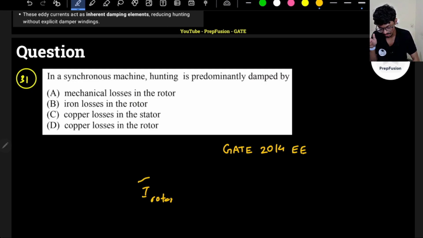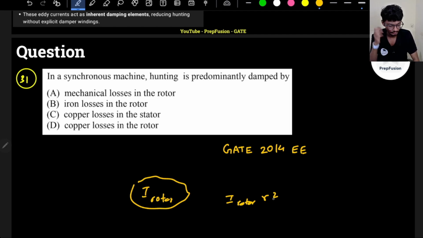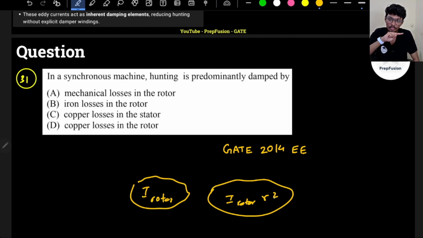So what will be the loss? It is I rotor squared into rotor resistance, I squared R. This is the amount of power that is developed to oppose the hunting. So copper loss in the rotor will be the correct answer, because it is the rotor current that is able to develop the torque opposing hunting.